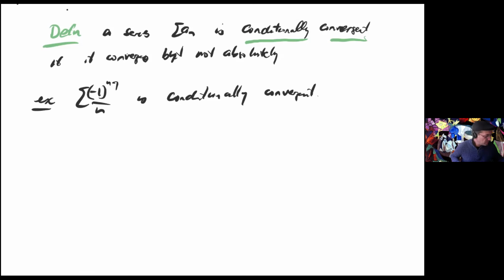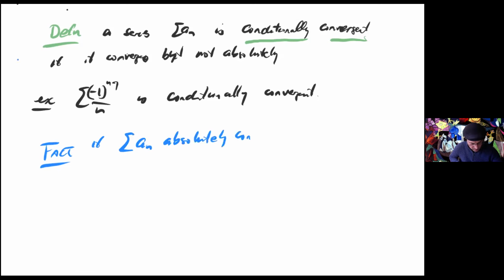Okay, so here is a fact that's important to mention. If we have an absolutely convergent series, then the series actually converges. And I'm going to explain the reason for this fact.